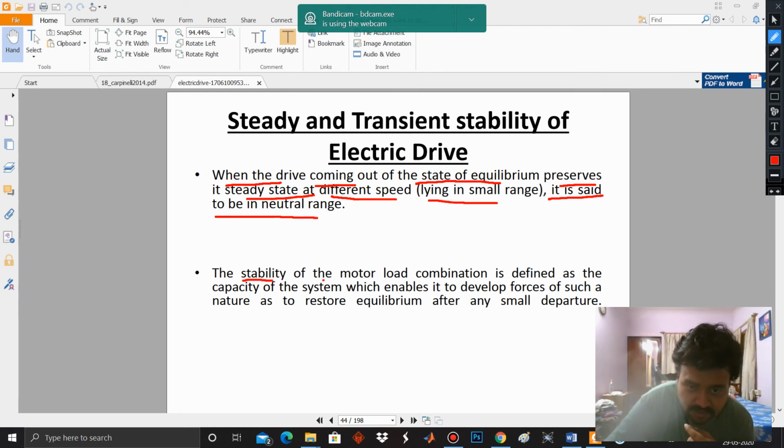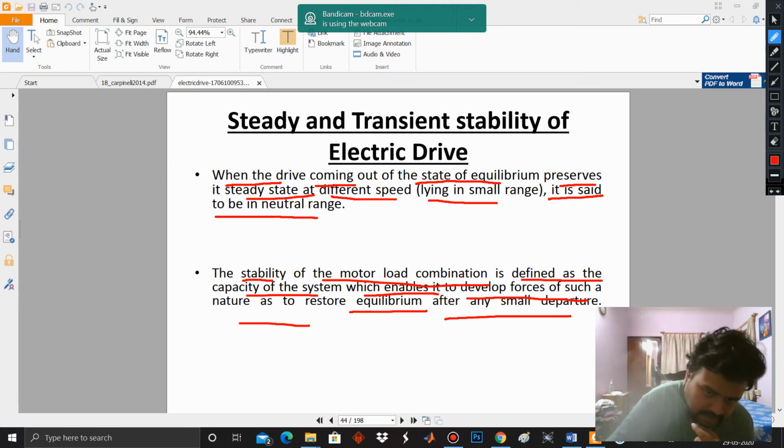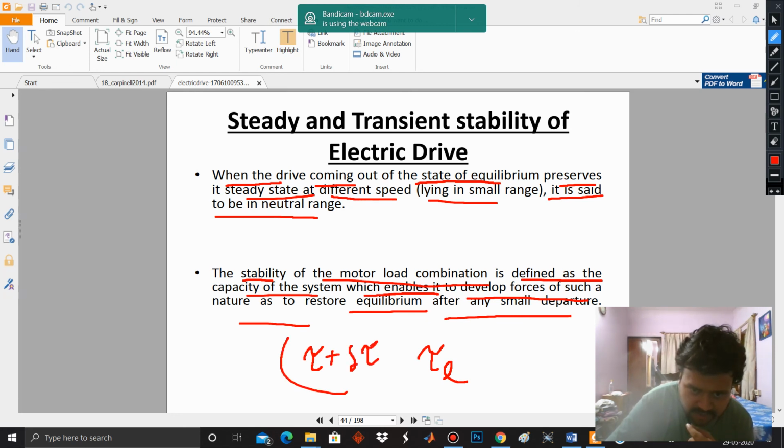The stability of the motor load combination is defined as the capacity of the system which enables it to develop forces of such a nature as to restore equilibrium at a very small departure. That means, suppose the motor torque is tau and the load torque is tau L. Now there is an incremental disturbance in the motor so that the torque increases.